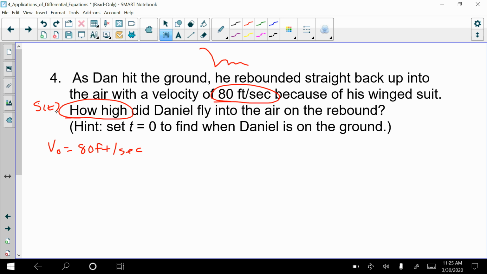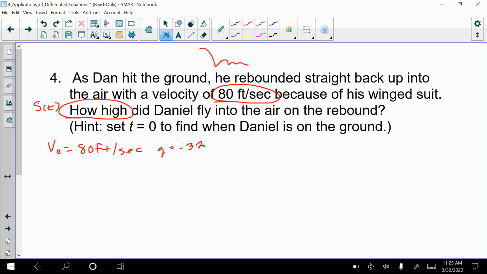So what do we know? How can we create a velocity function with this information? Well, we know we're dealing with feet per second. Because we're talking about feet, I know that gravity in this case is going to be negative 32 feet per second squared. So negative 32 is my gravitational constant.